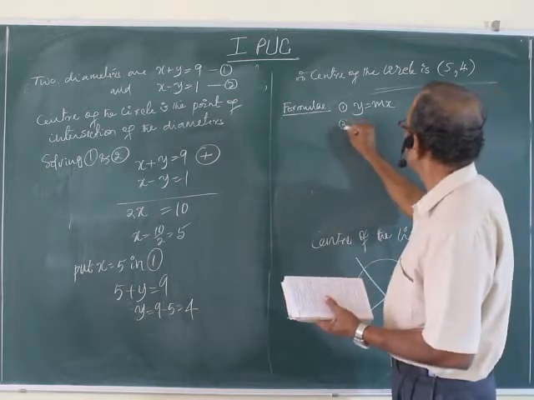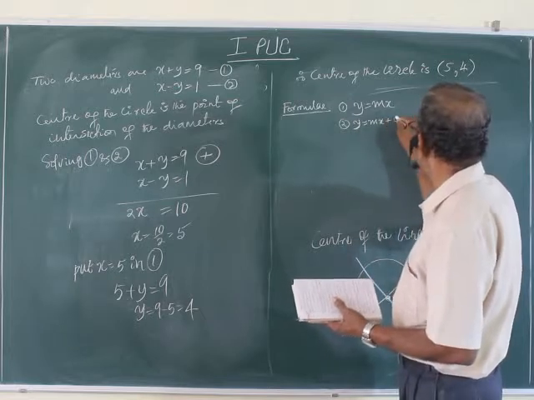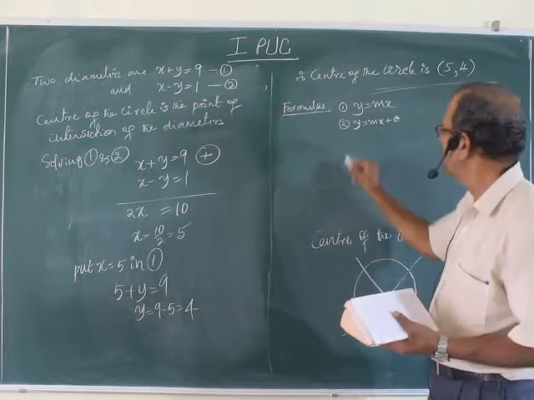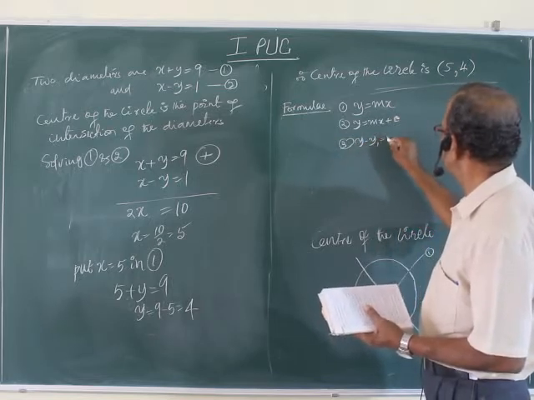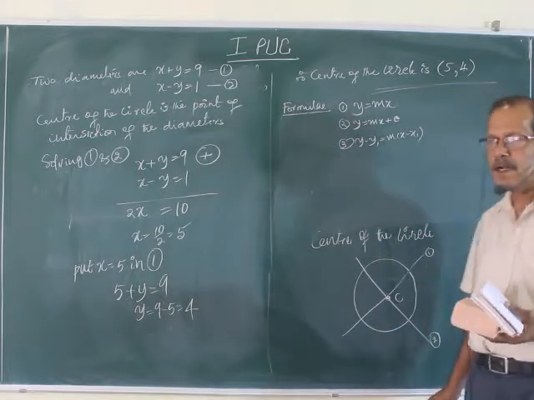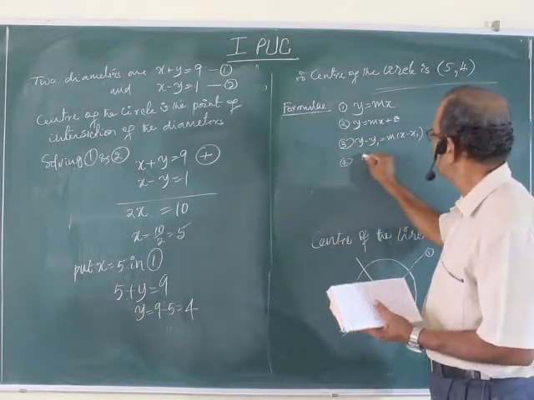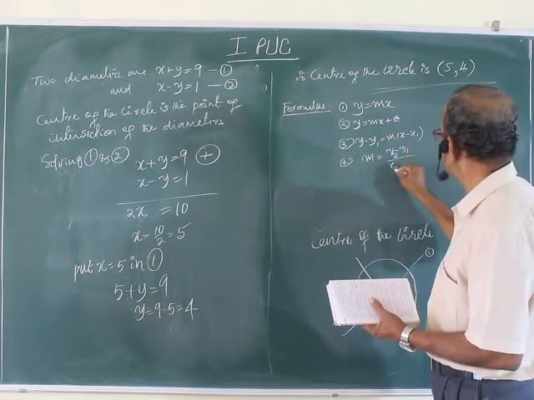And y equal to mx plus c, second formula. y minus y1 equal to m into x minus x1, third formula. m equal to y2 minus y1 by x2 minus x1.